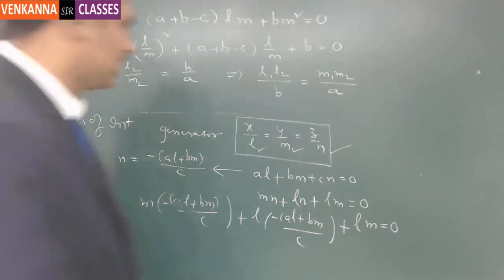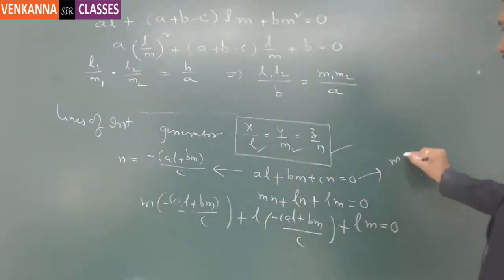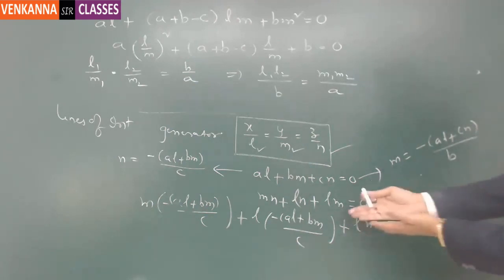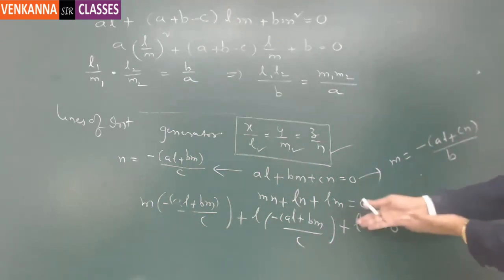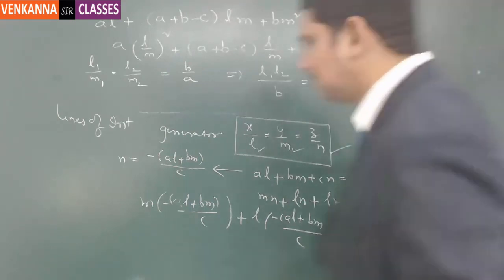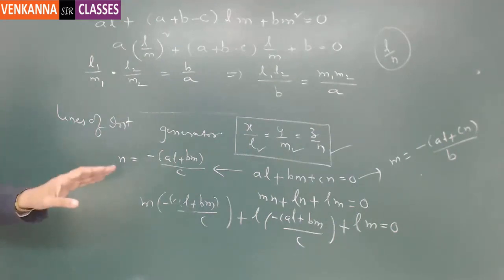So at this position, from this equation, if you take m equal to minus of al plus cn by b, then substituting the m value here, you will get a quadratic equation in the variables n and l. Accepted? So that you can do with any variable.